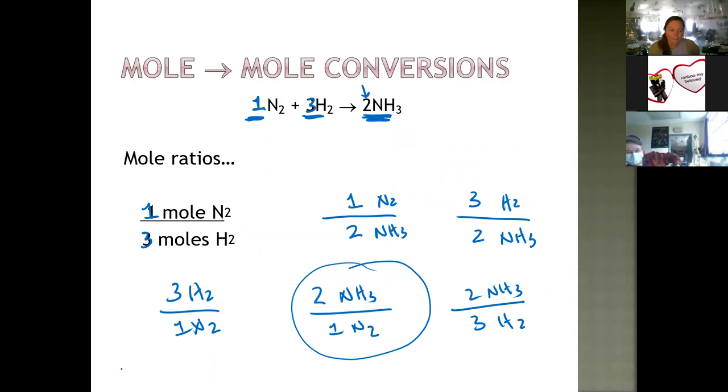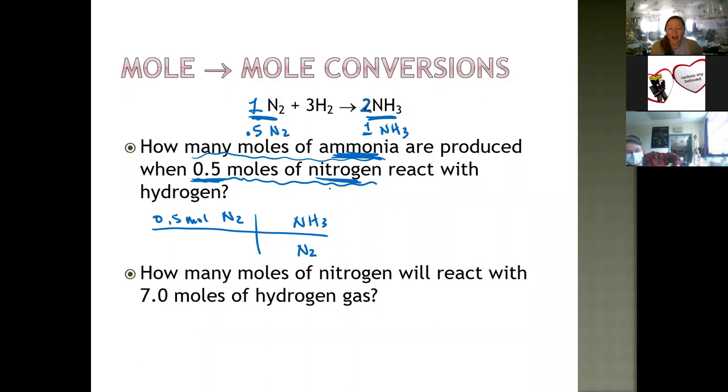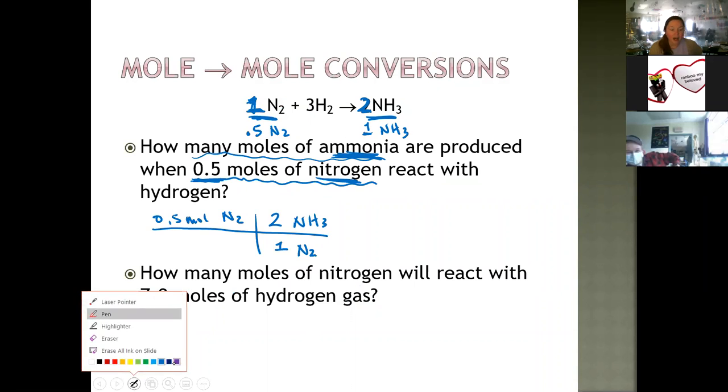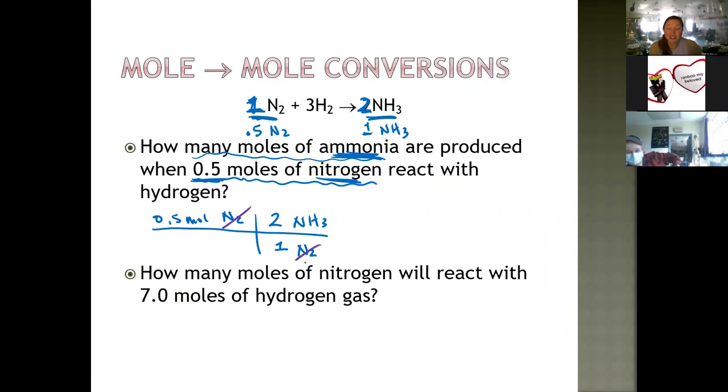This one. I know that there are 2 ammonias for every 1 nitrogen. Nitrogen on top and nitrogen on bottom cancels out, just like all the other stuff that we've been canceling out, top and bottom. So then I just have to do some calculations. 0.5 times 2 divided by 1 gives us 1 mole of ammonia, which is exactly what you told me in chat.